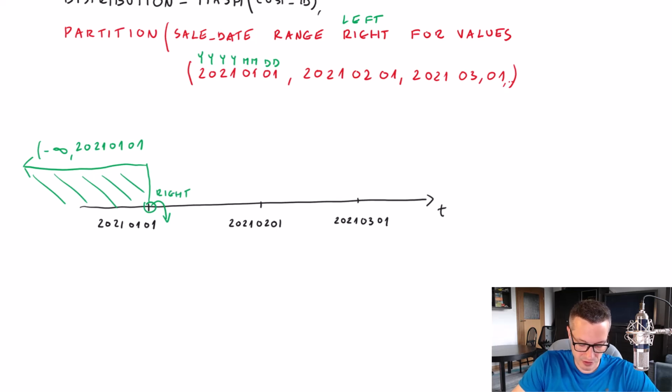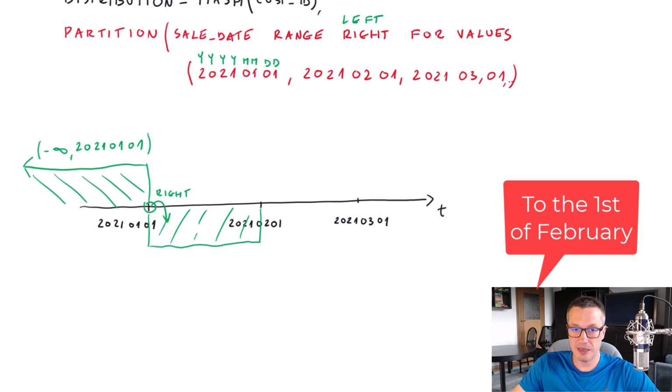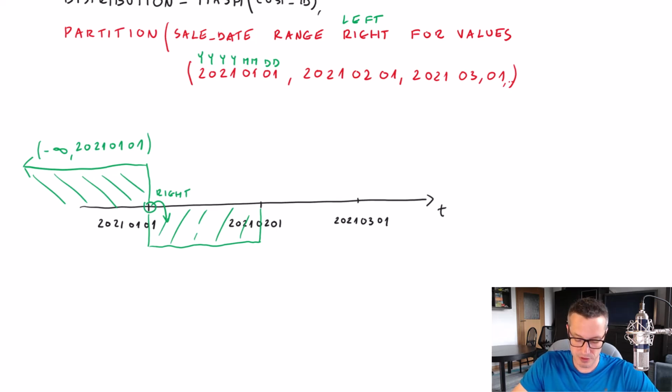So the second partition would be like this: from the 1st of January to the 1st of February. If we used the left word, then these rows with date equal to this boundary point would belong to the partition on the left. And so on, and so on.